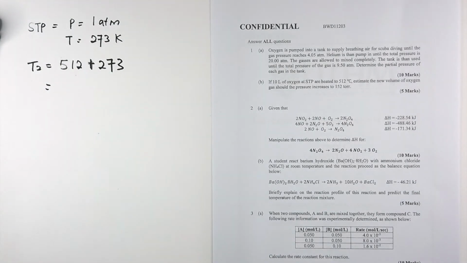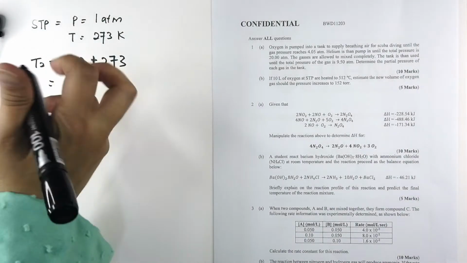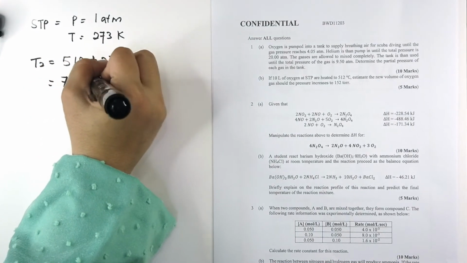So 512 plus 273, the summation of this, you should get 785 Kelvin.